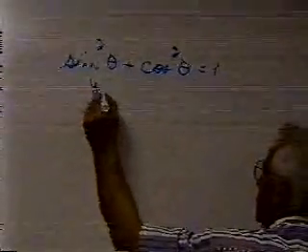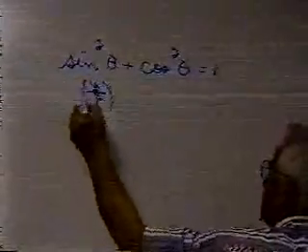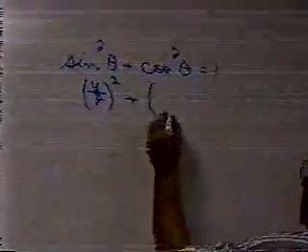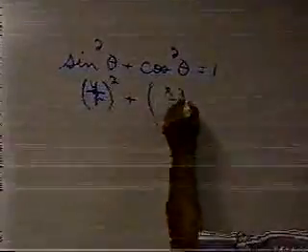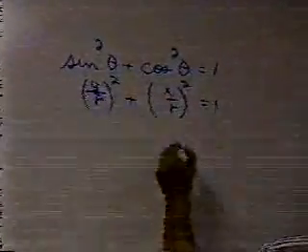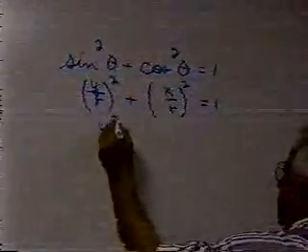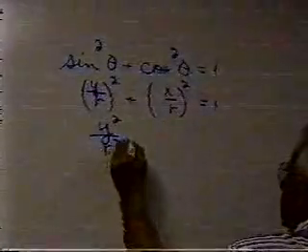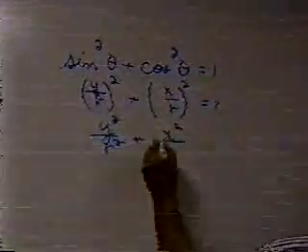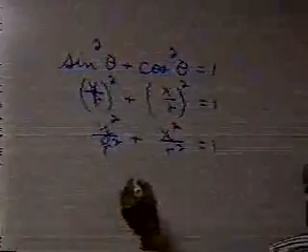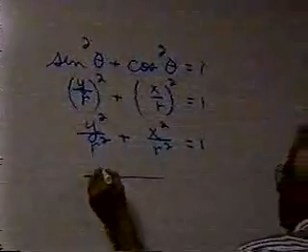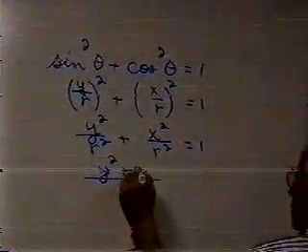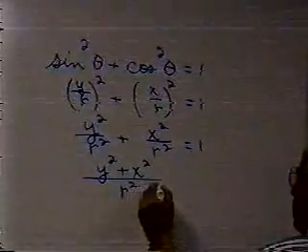Now just briefly why all these are true is because of this. Sine is y over r, so if I square that, and cosine is x over r, and if I square that, well, that squared is y squared over r squared. This is x squared over r squared. Common denominator says y squared plus x squared over r squared.